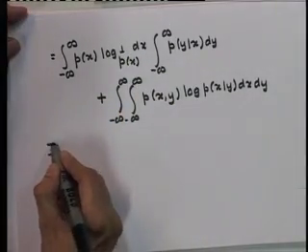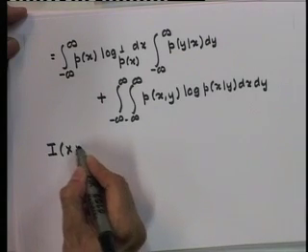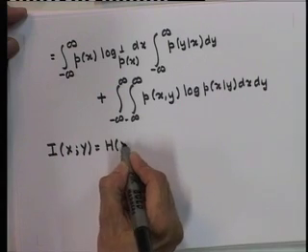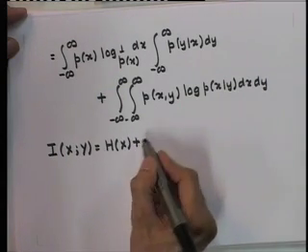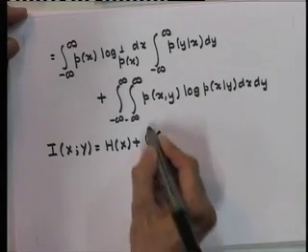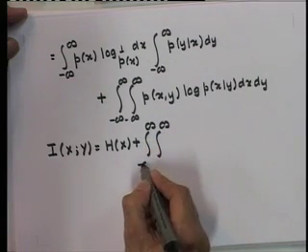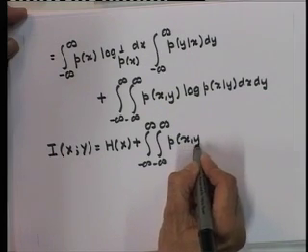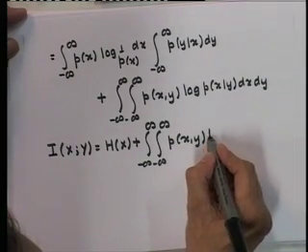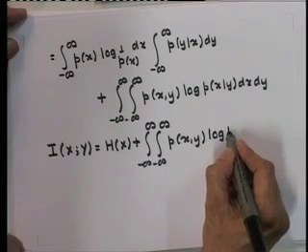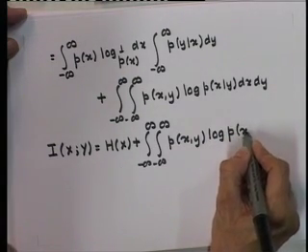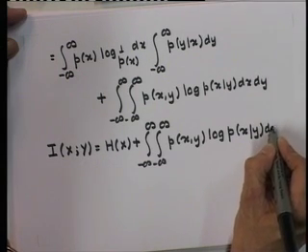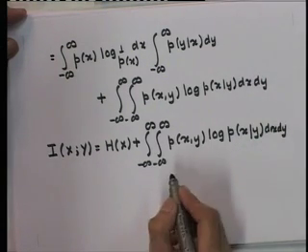Therefore, we can simplify I of X Y is equal to differential entropy plus double integration of joint PDF p x y log of conditional PDF of x given y dx dy.